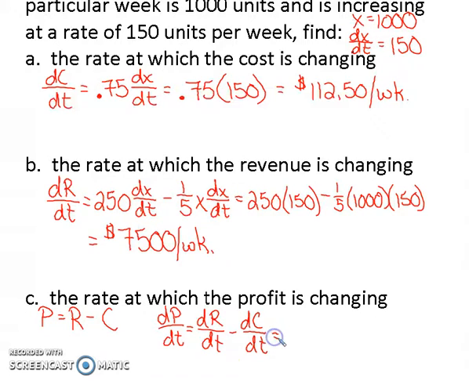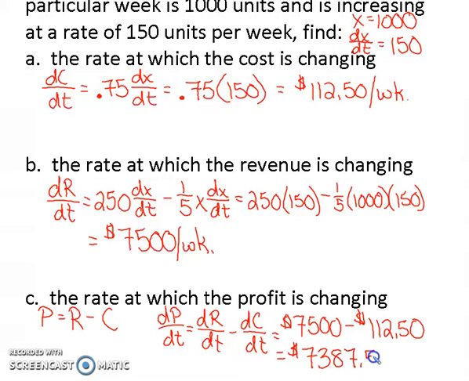So we actually would just take our answer from B and subtract our answer from A, and we would end up with $7,387.50 per week. So that's how much our profit would increase by if we were able to sell 1,000 units a week and increase sales by 150 a week.